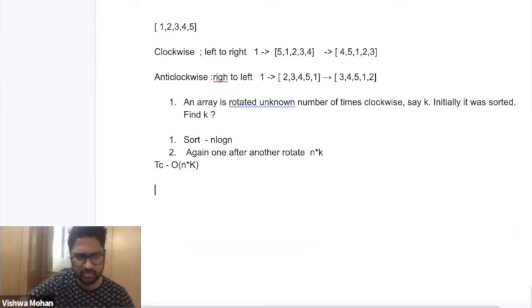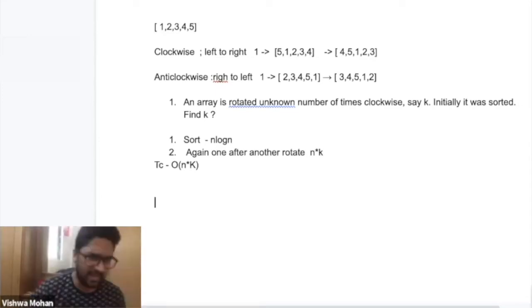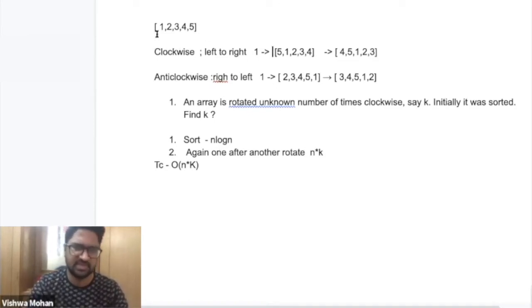Normally, if the array was initially sorted, the smallest element will be at the starting position, at index 0. As we keep on rotating the array, the smallest element keeps moving to the right, one after another. For example, in the first example that I told you, I'll copy it here.